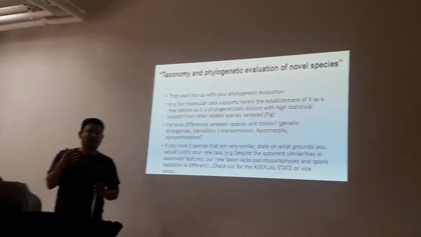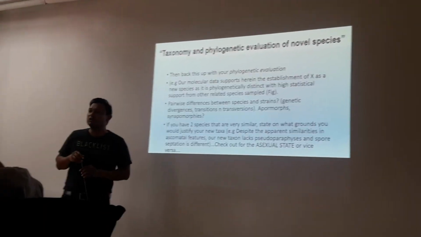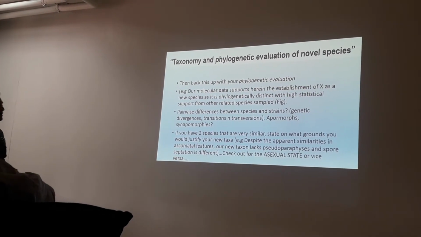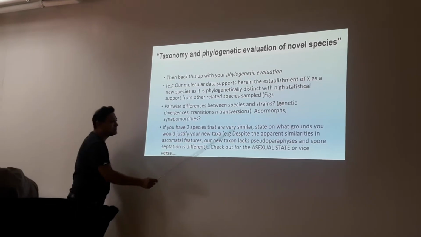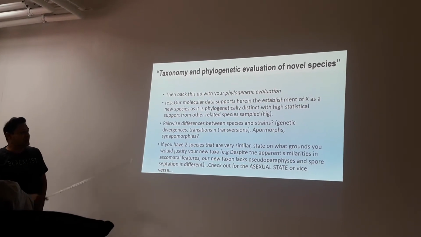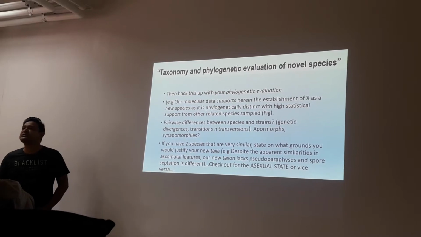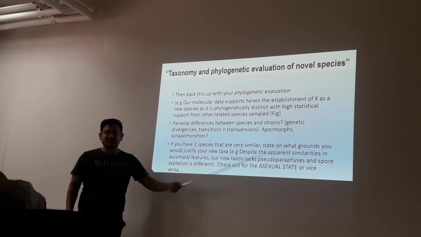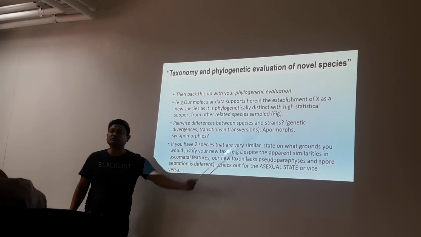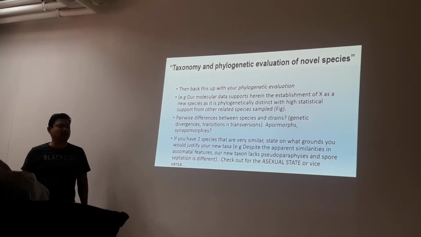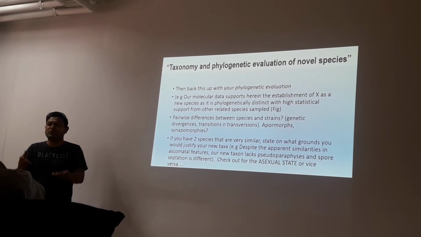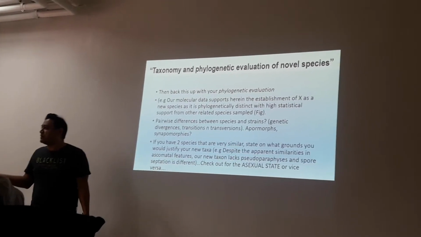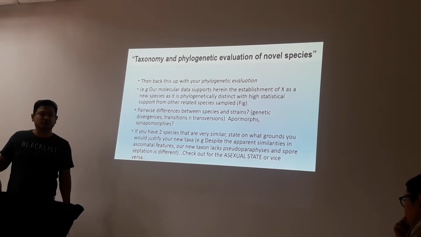But you should be careful about the number of species you include in your taxon sampling. Now, sometimes you might have two species that are very similar. It does happen. So what you do is you state on what grounds you would justify your new taxa. If you have two species that are morphologically similar, that does not mean that one of them can't be a new species.